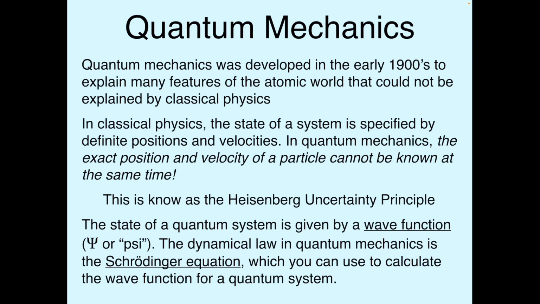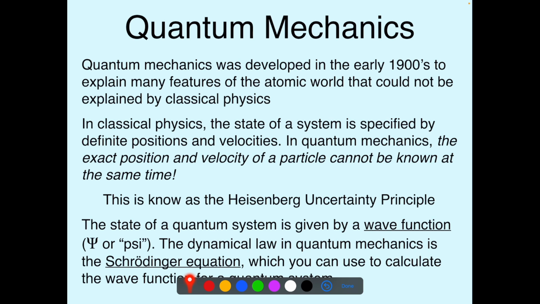But just remember, in classical physics, we specify the state of a system by giving definite values for position and velocity. So every single moving object in our system, we keep track of its position and we keep track of its velocity. And position and velocity have definite values. We can just assign some number to position and velocity.